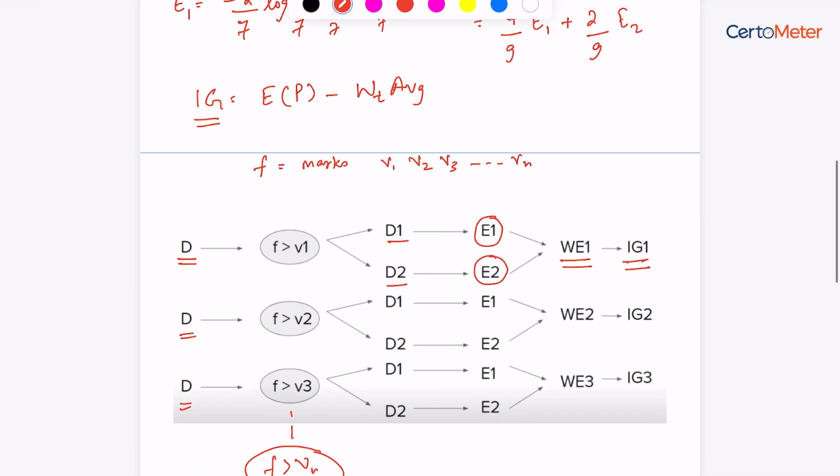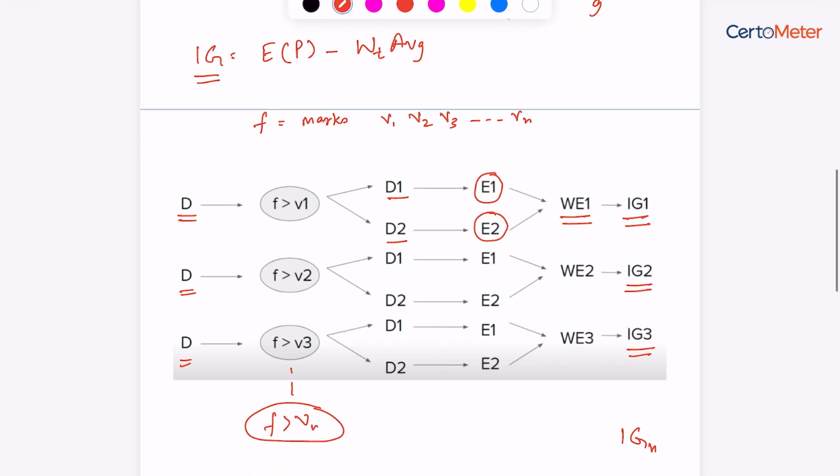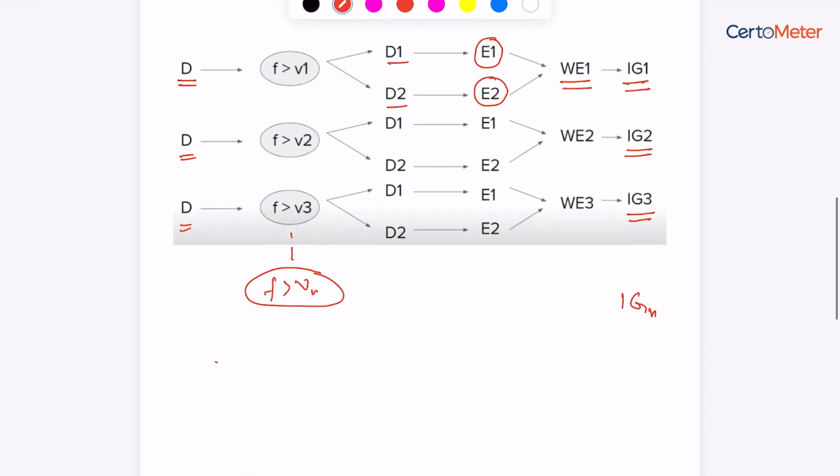So I am going to calculate the information gain for all the splits. So if there are n values present in my numerical column, I will get n information gains. So from information gain 1 till information gain n, I will get all the values. And whichever information gain is the highest, let's suppose it's information gain 3, this is the highest.